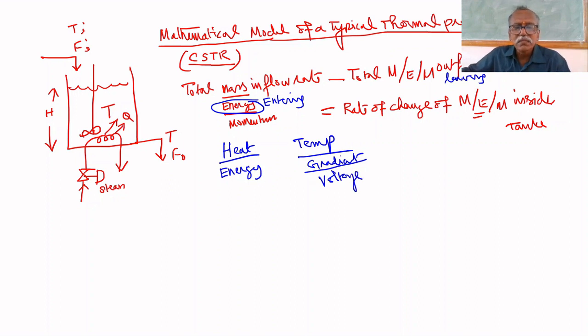So the difference between heat and temperature is: heat is energy, temperature is a gradient, an energy gradient, like voltage.